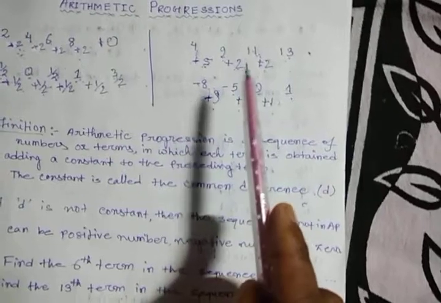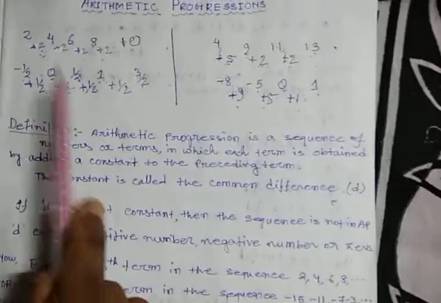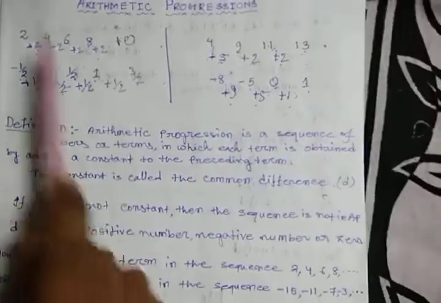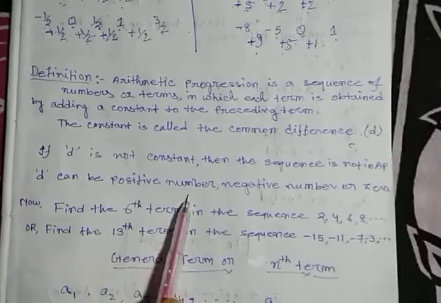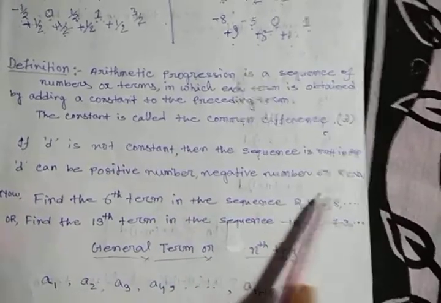So that's why these are not in AP. But here the common differences are the same for two cases. So these are in AP. d can be a positive number, a negative number or 0 also.